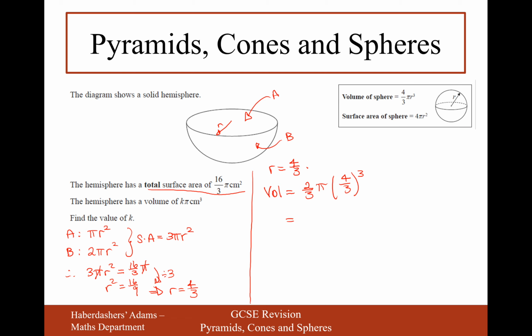I'll grab my calculator, but I won't times by pi because I want my answer to be a multiple of pi. So it's just 2/3 times brackets 4/3 to the power of 3, which gives us 128/81. So 128/81 pi, and there we are, that's the final answer for this question.